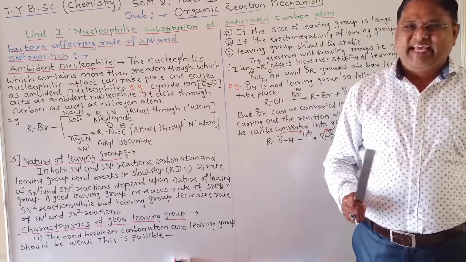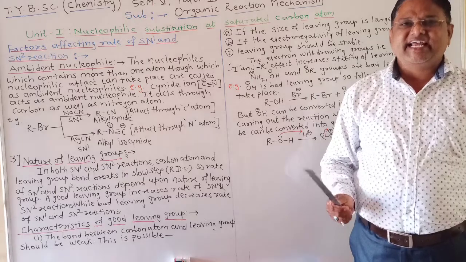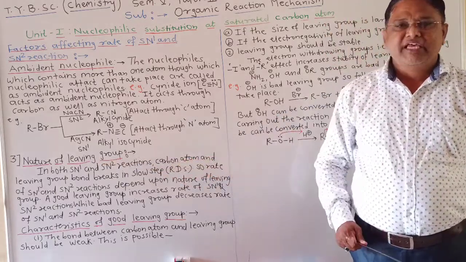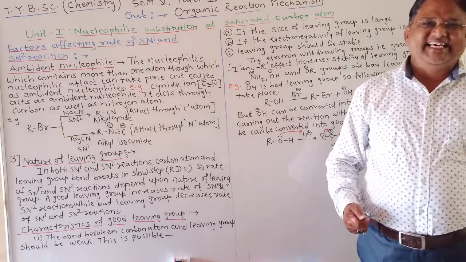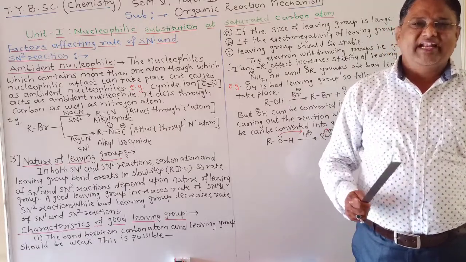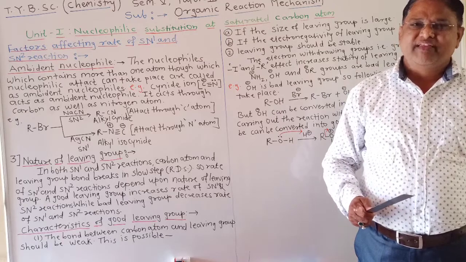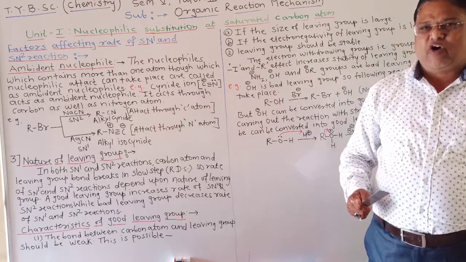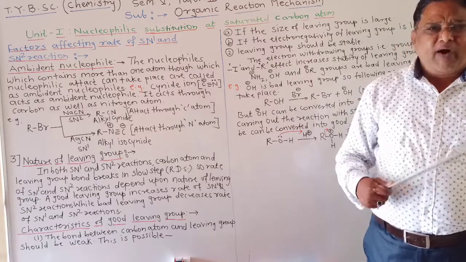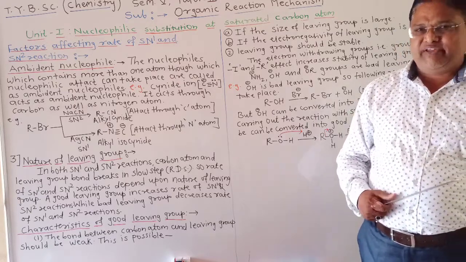So the rate of SN1 and SN2 reactions depends upon the nature of the leaving group. A good leaving group increases the rate of SN1 and SN2 reactions, while a bad leaving group decreases the rate of SN1 and SN2 reactions.